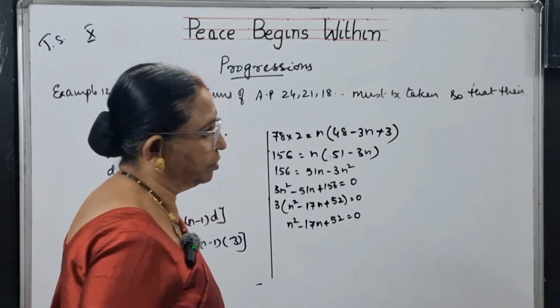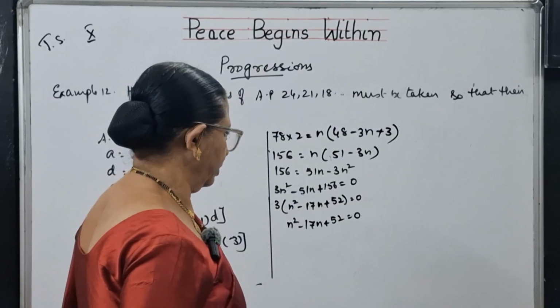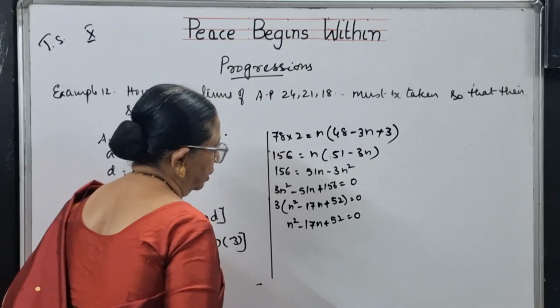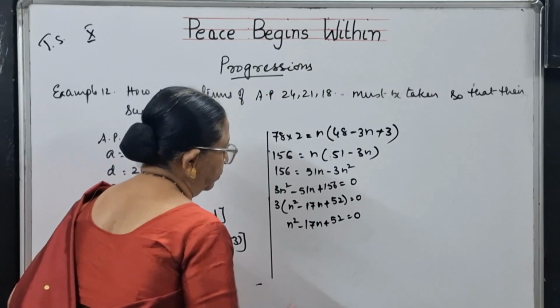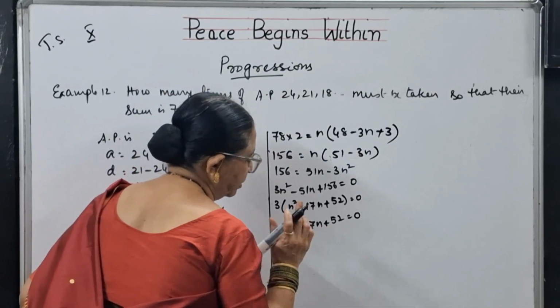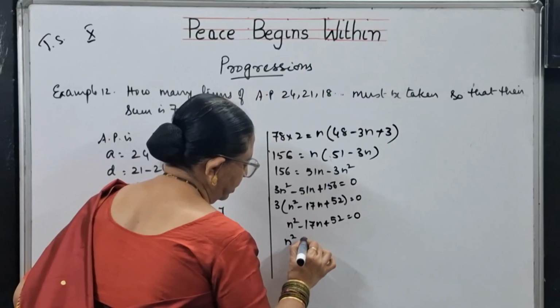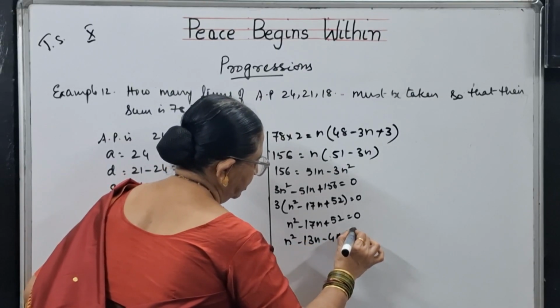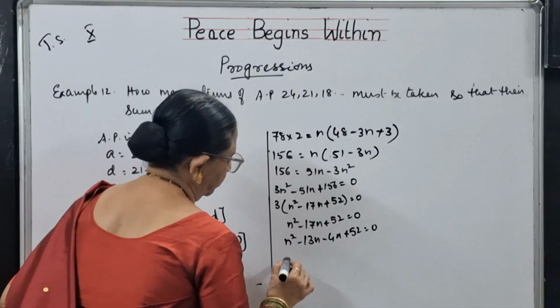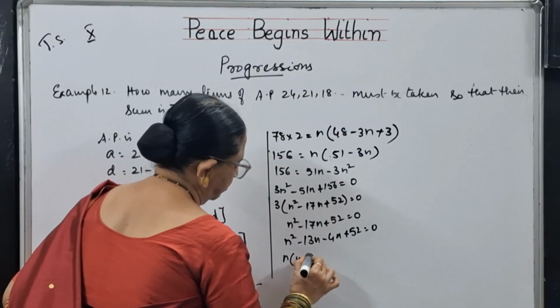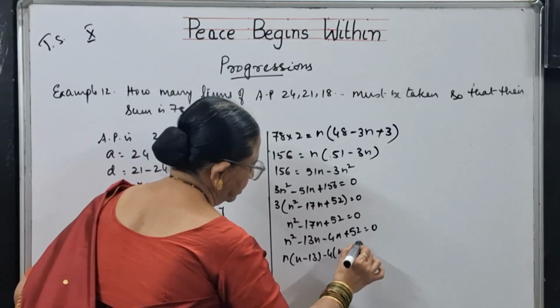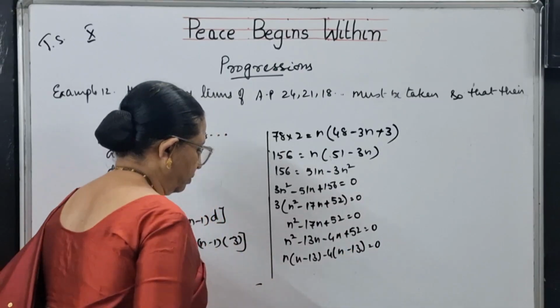This 3, when it goes to the other side, 0 divided by 3 is 0. So here 13 fours are 52, 13 plus 4 is 17. So n square minus 13n minus 4n plus 52 is equal to 0. n into n minus 13 minus 4 into n minus 13 is equal to 0.